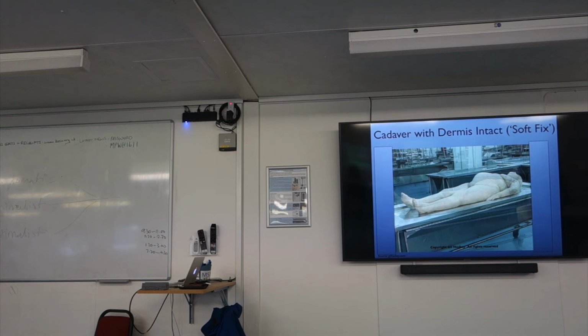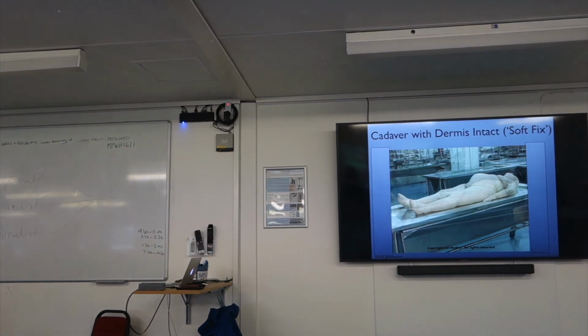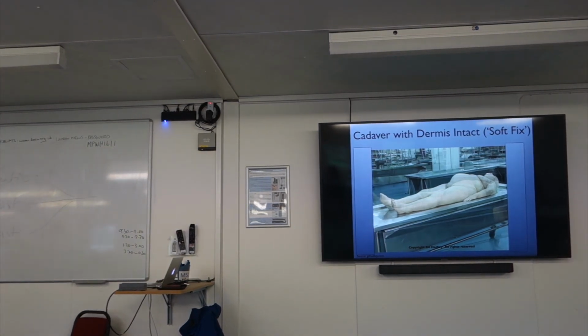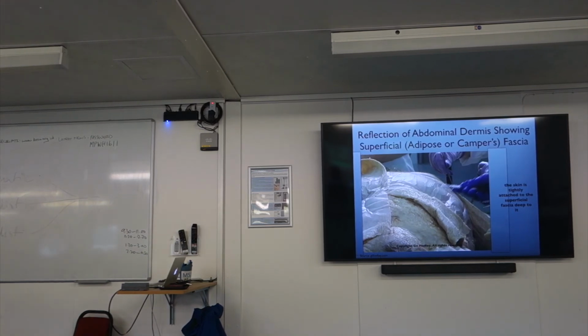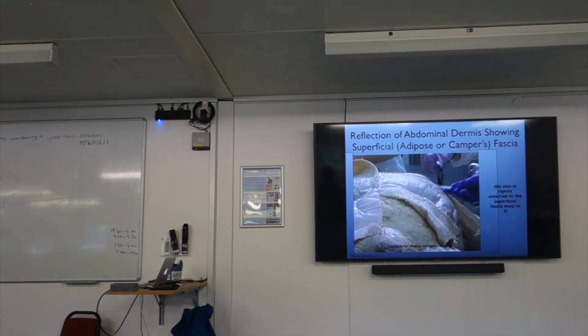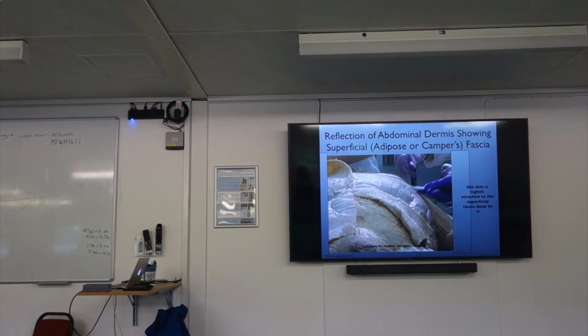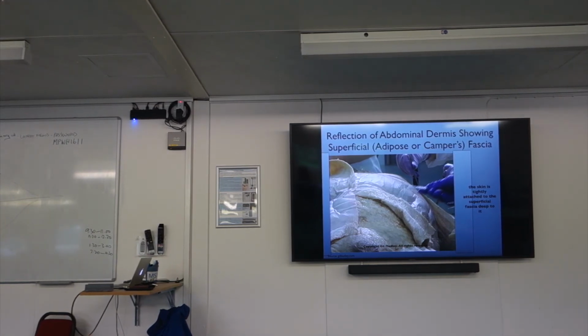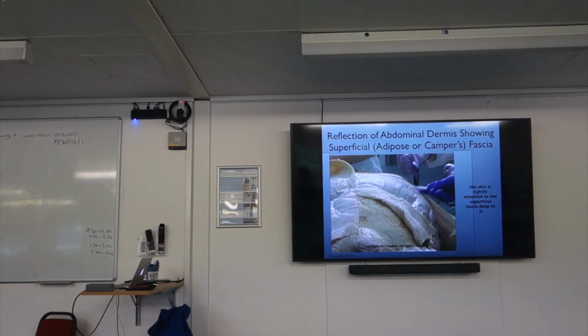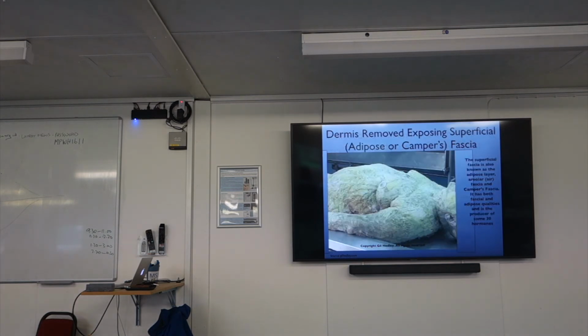So we just look at the fascia quickly. If we look at it now here, which has been prepared, we start to take the skin off, and when you remove the skin, you see there's a fatty layer immediately below that. This is a firm adherence between the fat and the skin, which tells us that when we move skin, we move that fatty layer. We can't separate them. We can only separate them when we dissect.